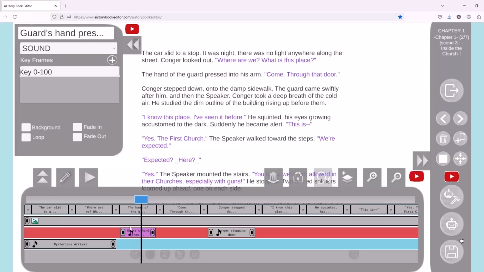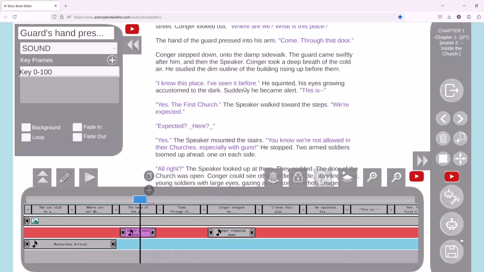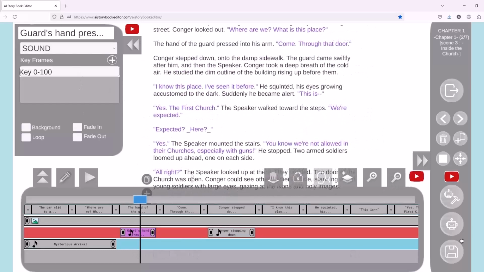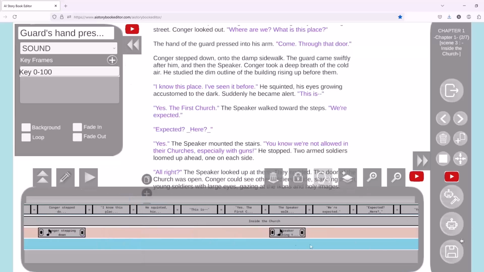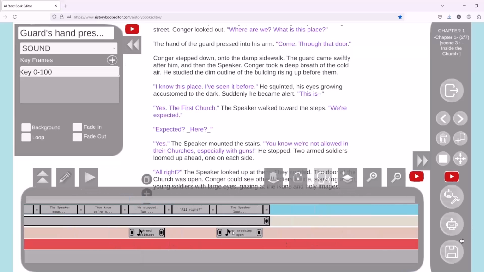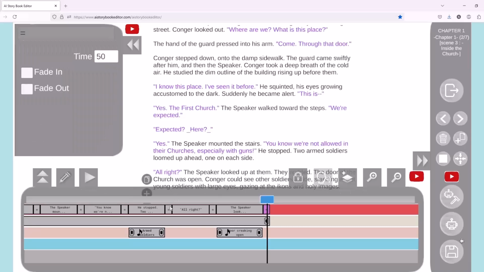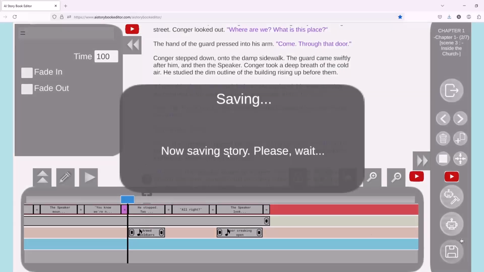Also, you can create these small timelines for sound effects that can happen during the narration. But in this case we are only going to focus on creating the audiobook, so we are not interested in these layers. What we are interested in is that the timings between the paragraphs have been adjusted in the proper way.